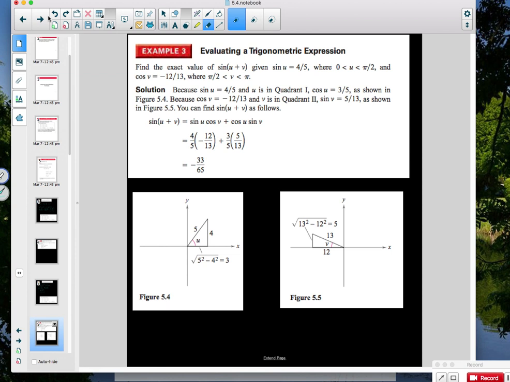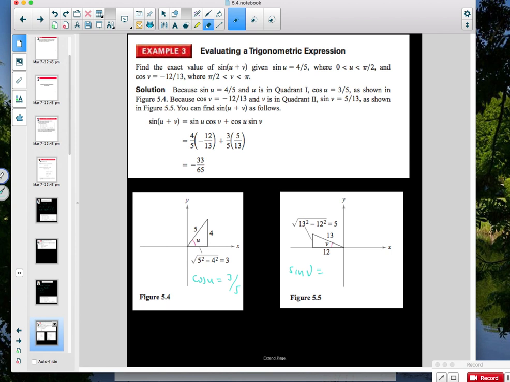I have sine u, so what is cosine u in this situation? 3 over 5, excellent. And here I have cosine v, which is negative 12 over 13. So what is sine u, sine v, sorry. What is sine v?